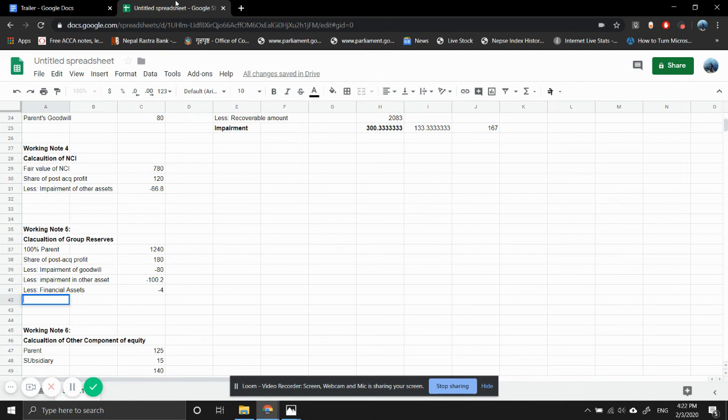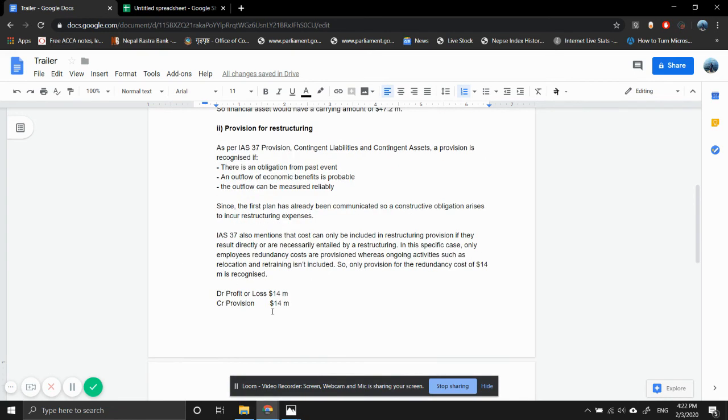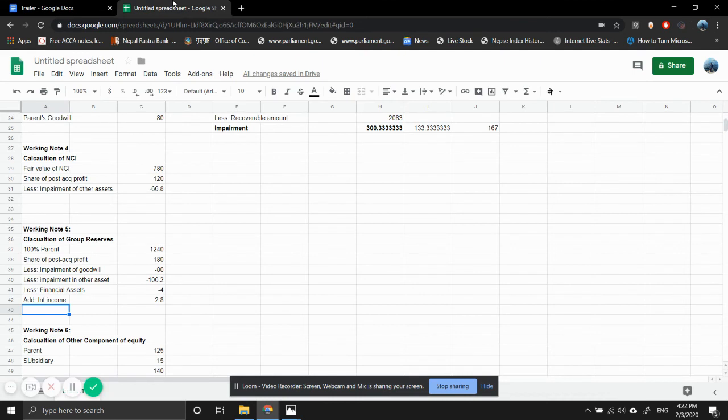So let's add interest income 0.8, right? And then after that, what else did we do? On second we did a provision, right? So that will basically reduce our reserves again, provision.